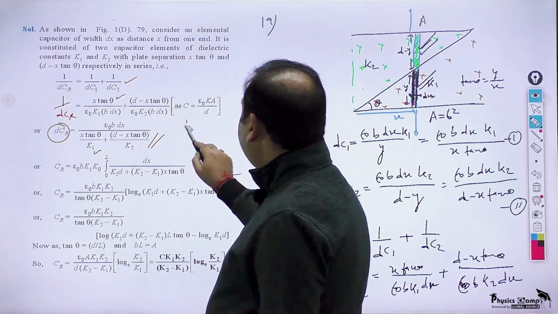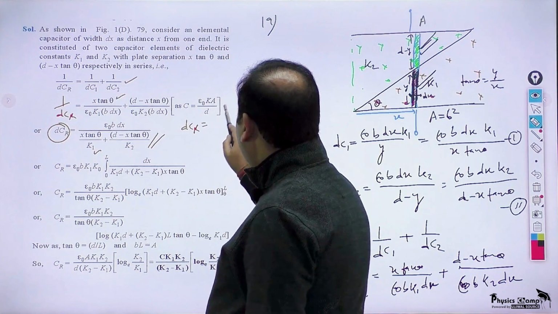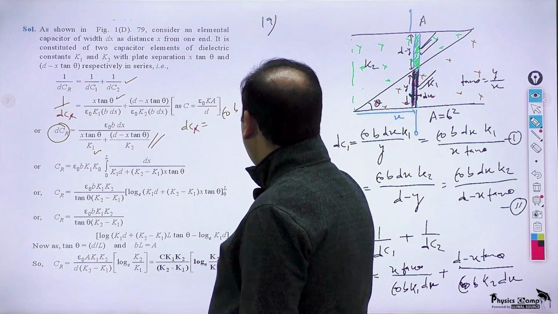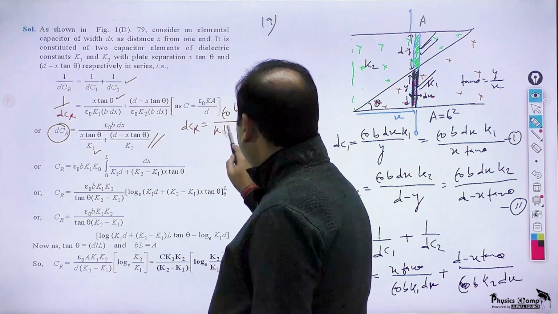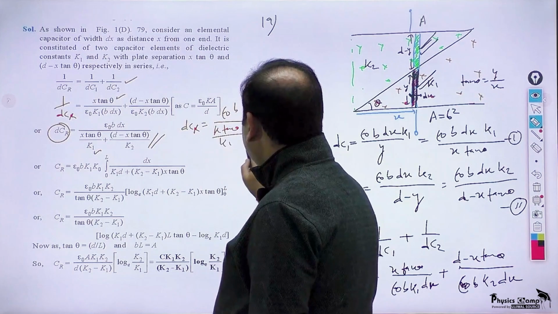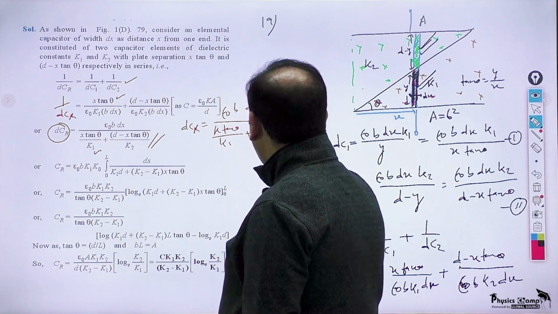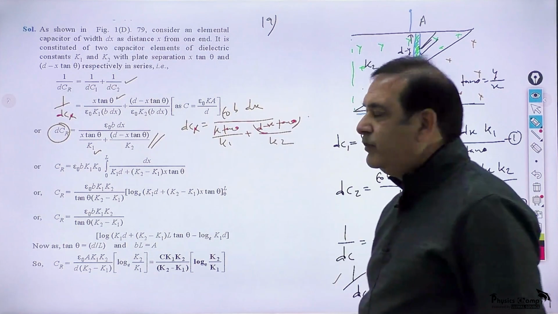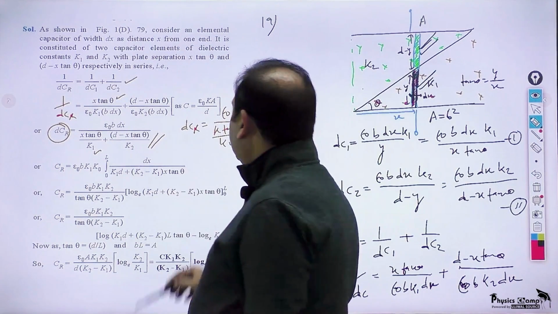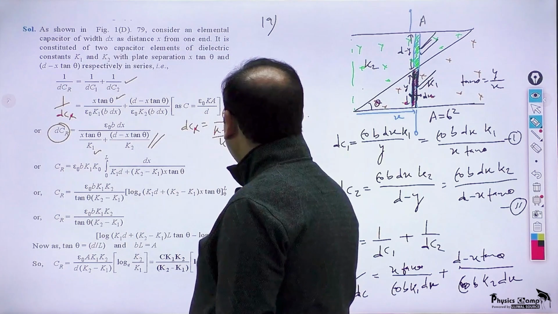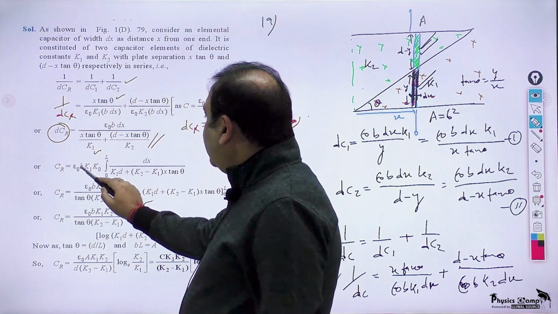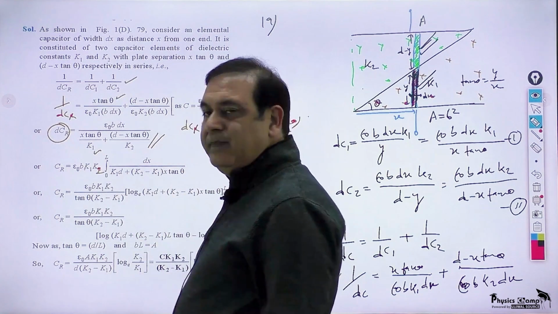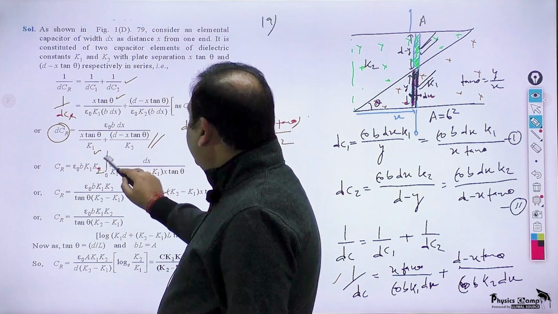Here with K1 K2 as LCM, I would write epsilon naught b K1 K2, and let the limits be from 0 to b.